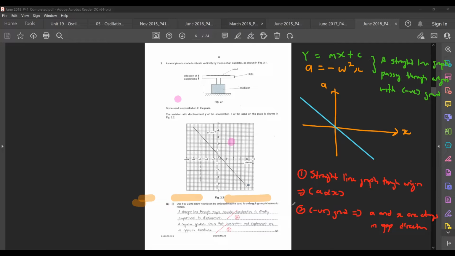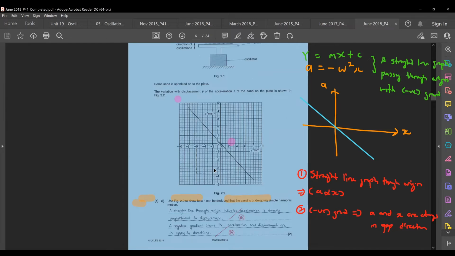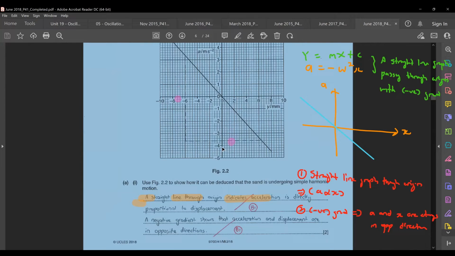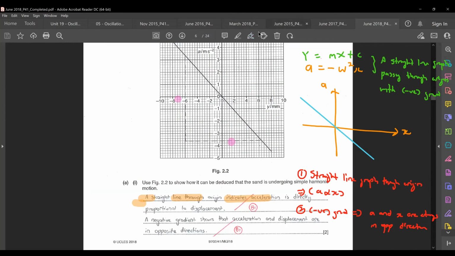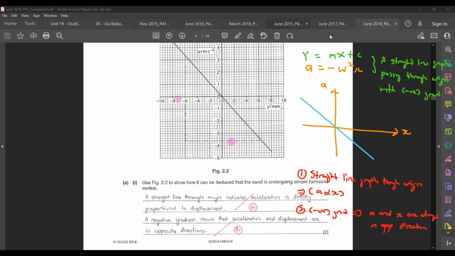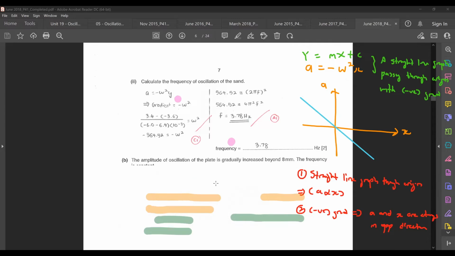Okay, so you're trying to do the same deduction here for your given graph to show that it's actually simple harmonic motion. So here you are basically following the same points. A straight line through origin indicates acceleration is directly proportional to displacement. And then a negative gradient indicates acceleration and displacement are in opposite directions. Okay. This is something we've done before.